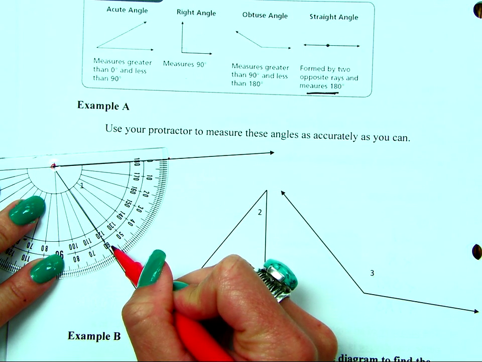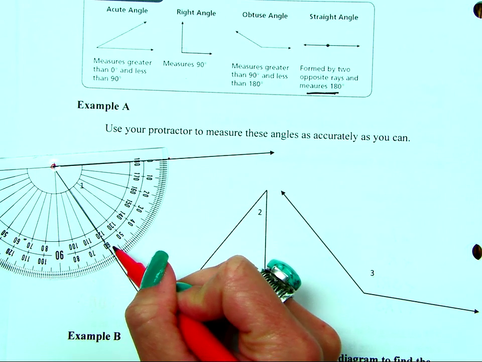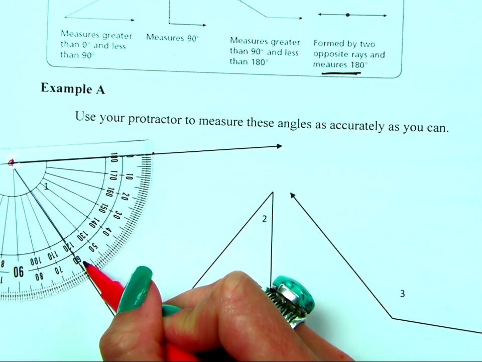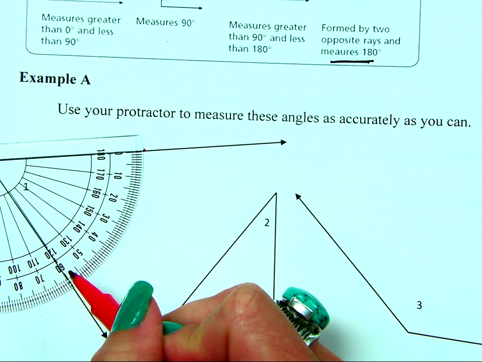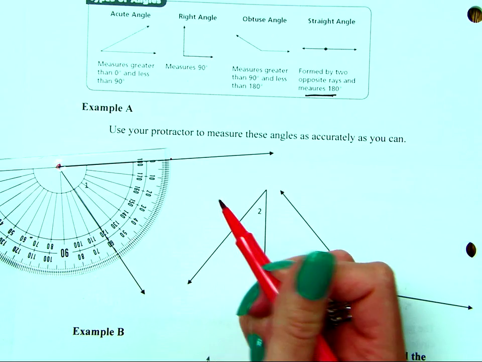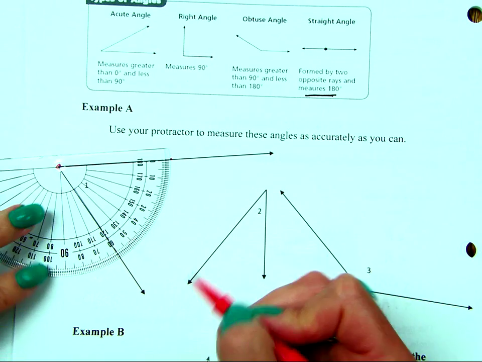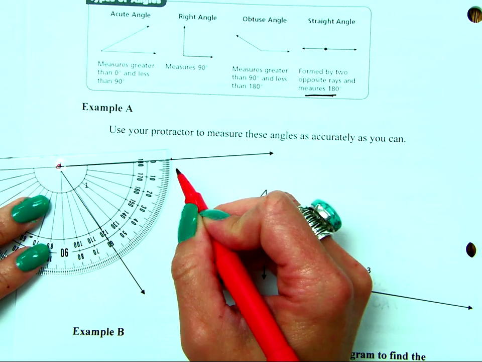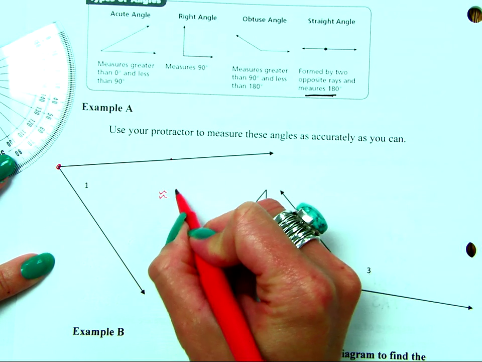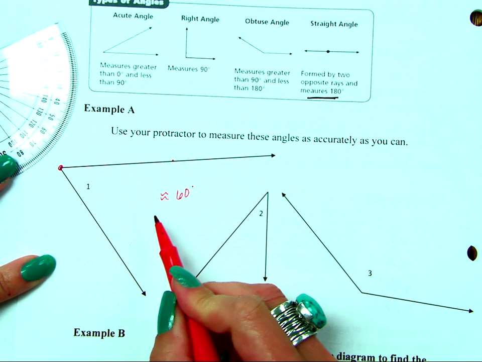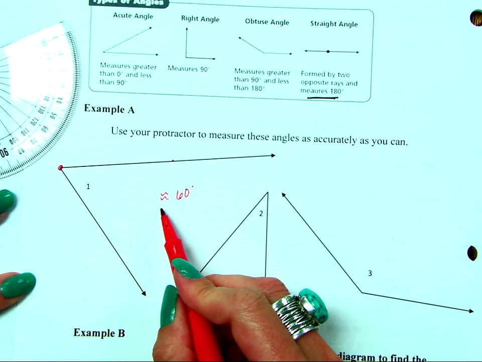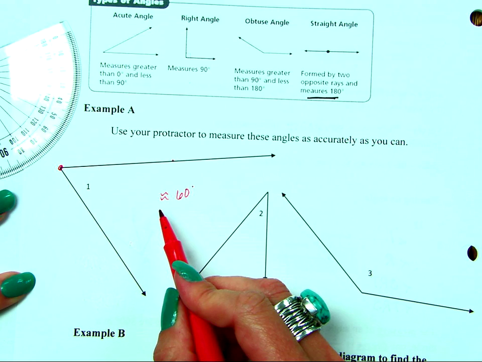There are 2 different numbers. Right here, it is showing me a measure of 60 or 120. How do we know which one to pick? Well, because we know that angle 1 is acute, we know that we would pick the smaller number. And we're going to say it's about 60 degrees. And this little squiggly equal sign means approximately.